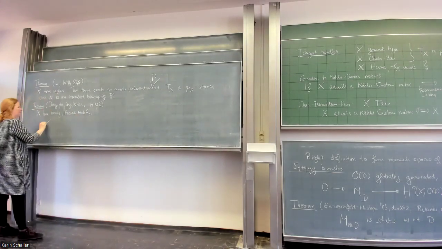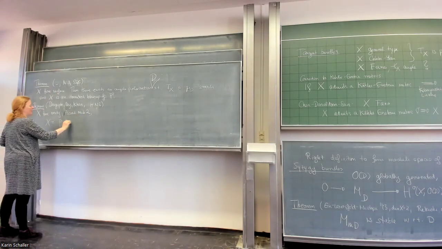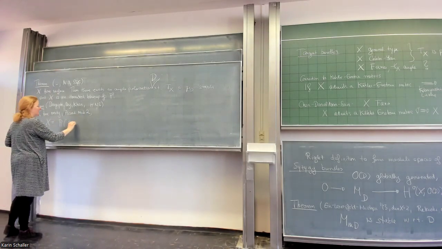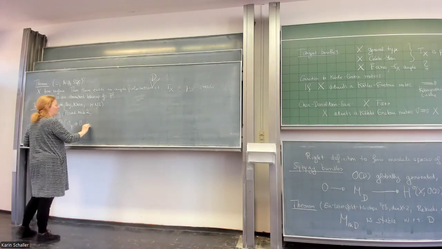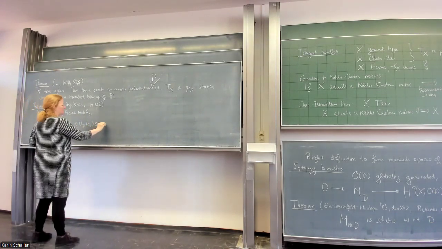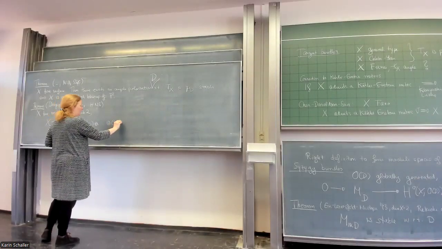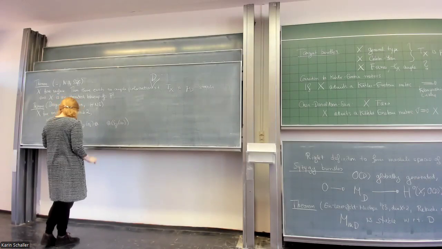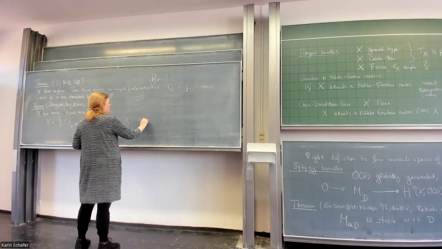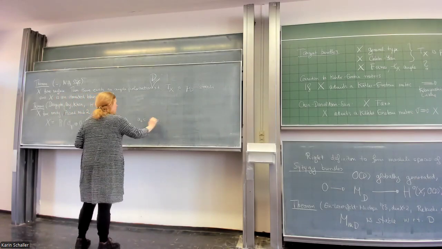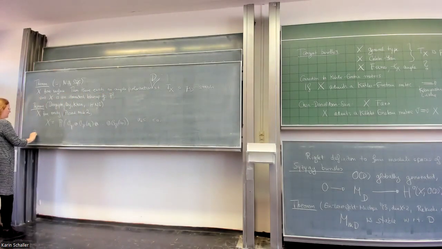X is some projectivization of O plus O(a_1) plus and so on, O(a_r). So then we can assume that the a_i are ordered.